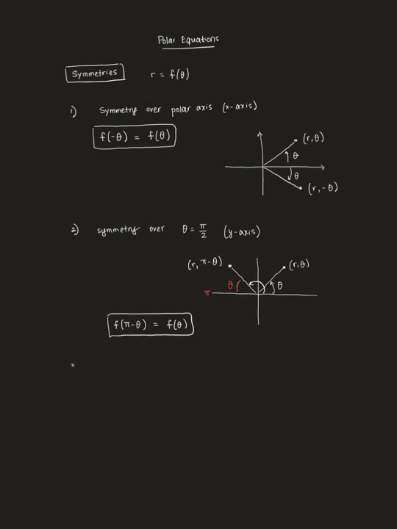And the third type of symmetry is symmetry over the origin. And with polar coordinates, that's just called symmetry over the pole. Right? The pole is the origin. And so what we would want there is, if we have the point (r, theta) here, then we want the corresponding point on this side of the origin to also be on our graph.